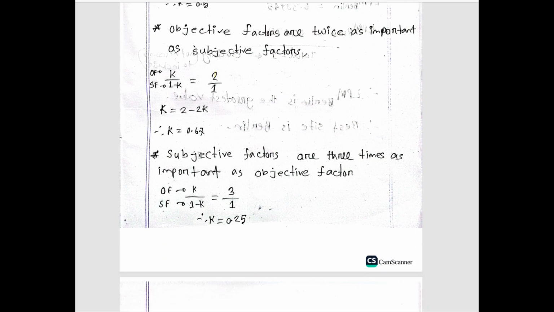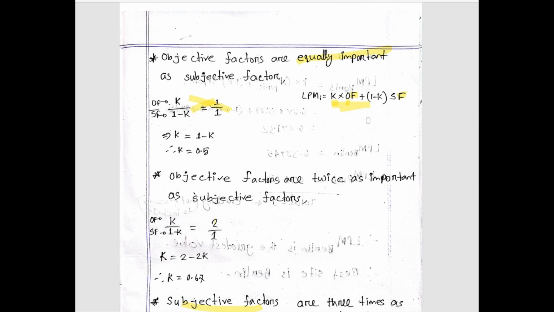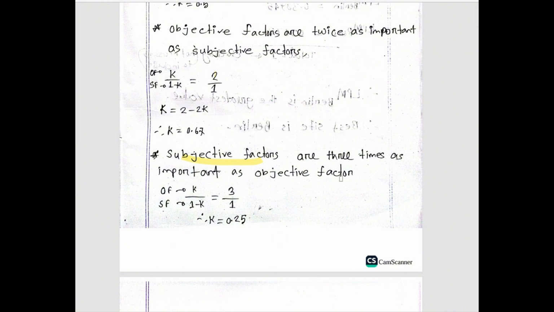Now if we have the alternative, subjective factors are 3 times as important as objective factors. Again k by 1 minus k, subjective factors are associated with 1 minus k. That means 1 minus k would be 3. Here I have made a mistake. This is not correct. This would be the correct formula: k over 1 minus k is equal to 1 over 3, because subjective factors are 3 times and are associated with 1 minus k.